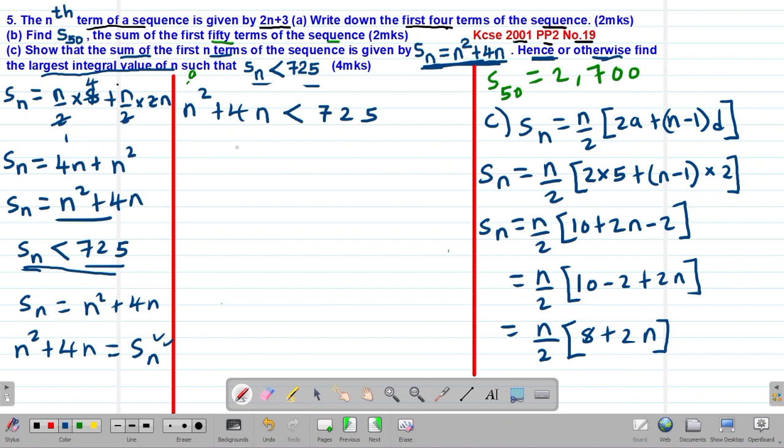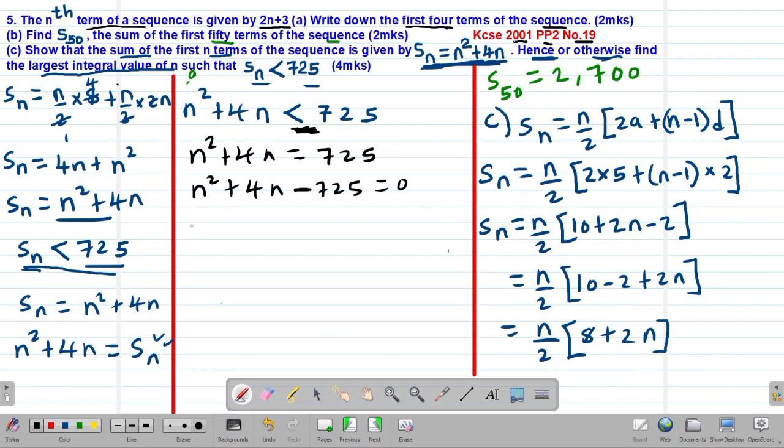For me to achieve that, I'll replace this with an equal sign so that I can easily work it out. I'll assume n squared plus 4n is equal to 725. Therefore, this can be written as n squared plus 4n minus 725 is equal to 0. I substituted with an equal sign so that I can solve for the value of n. Then, of course, I'll just replace back.